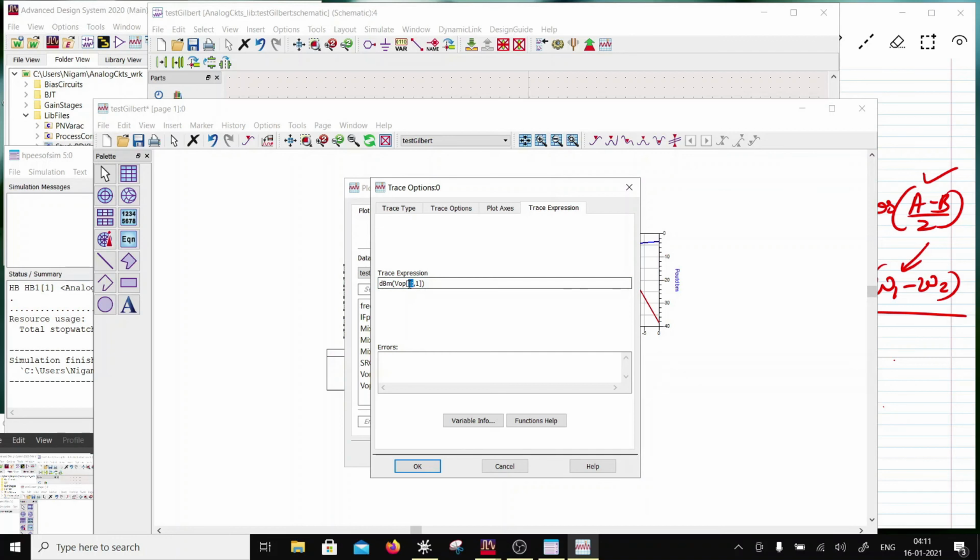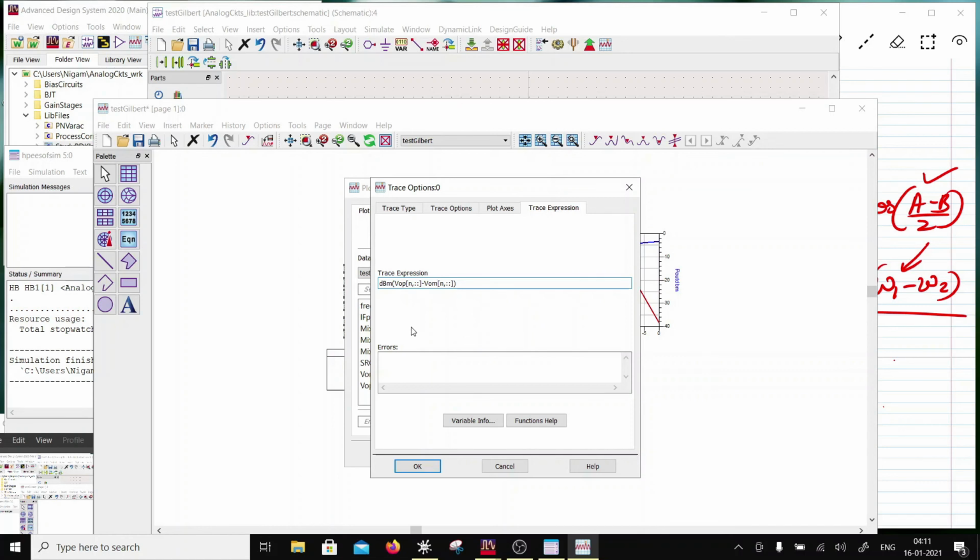So we are looking at all the frequency points at an index of n. So this is all the frequency points at an index of n minus VOM. So I'm going to do a control C, and I will do a minus of control V, and this is VOM.